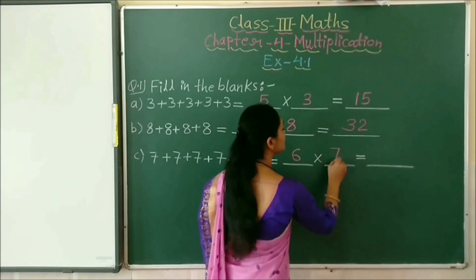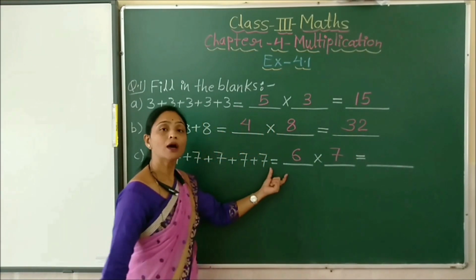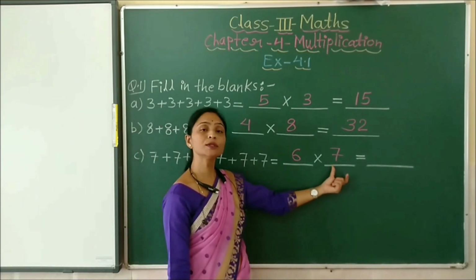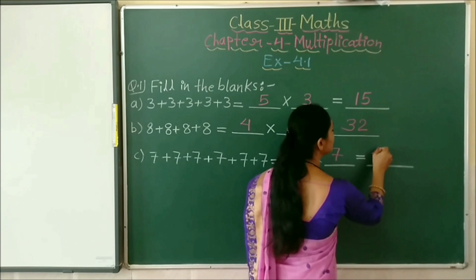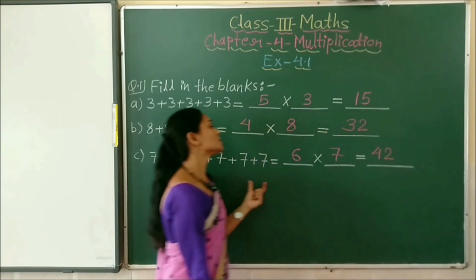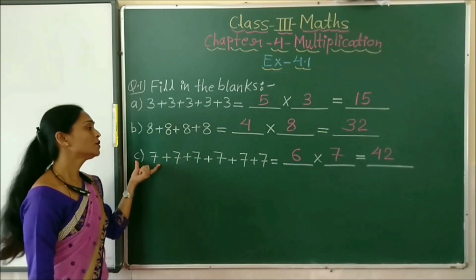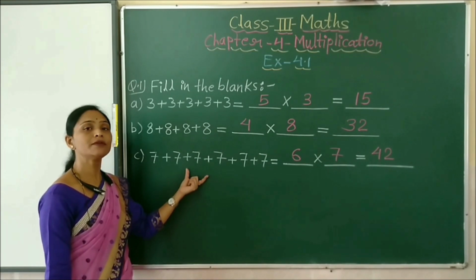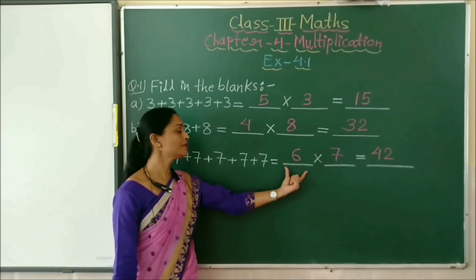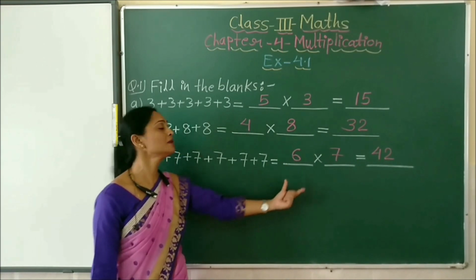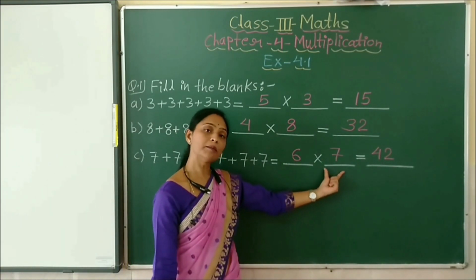So here we have to write 7. Now what to do? We have to multiply both the numbers. 6 7s are how much? 6 7s are 42. So see, this way you may solve any question very easily. Just remember, in the first blank we have to write the number of repetitions and then we have to write the number. Yes.